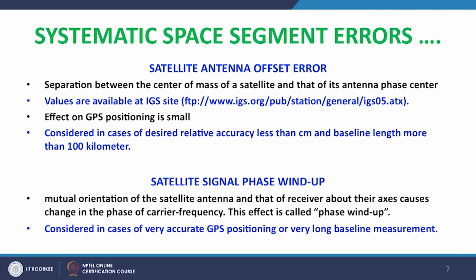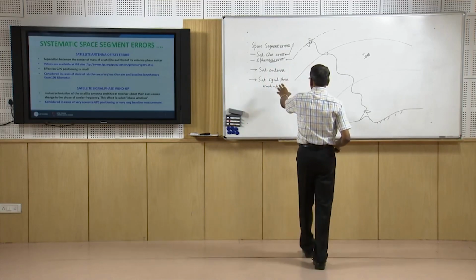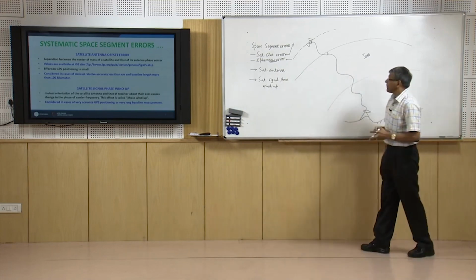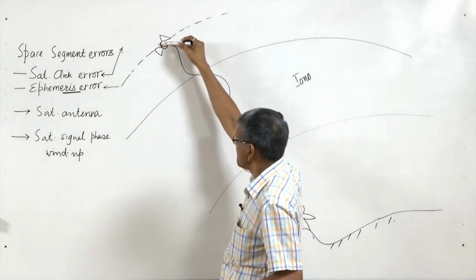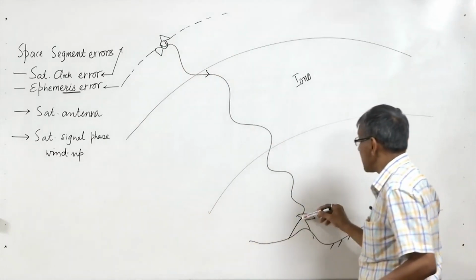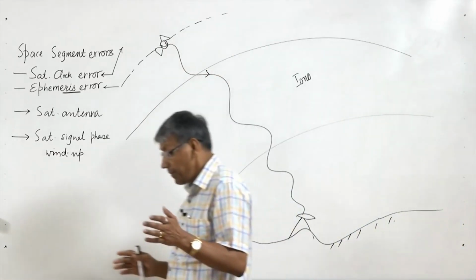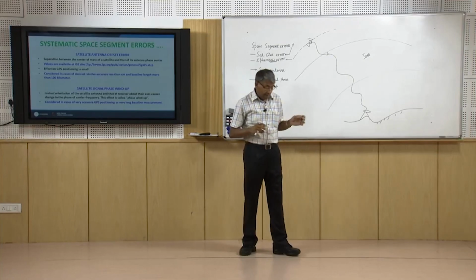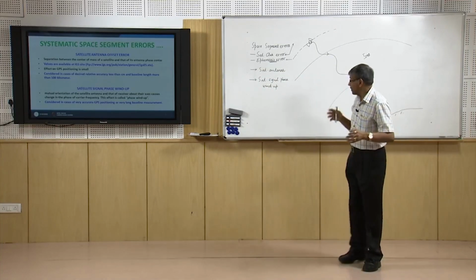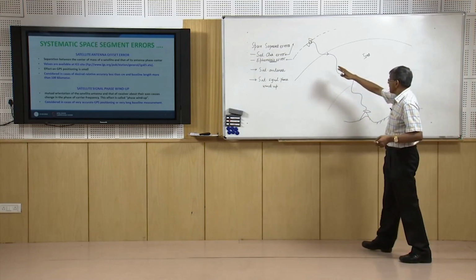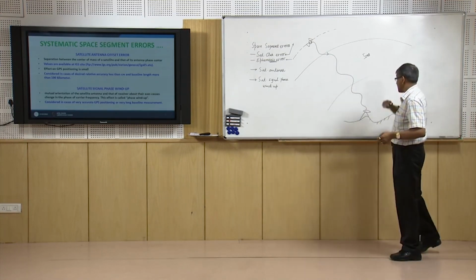And the last one among the space segment errors is the satellite signal phase wind-up error. This error arises when the axis of the antenna of the GPS satellite and the axis of the antenna of the GPS receiver are not identical; otherwise there will be some error in the phase measurement of the signal.